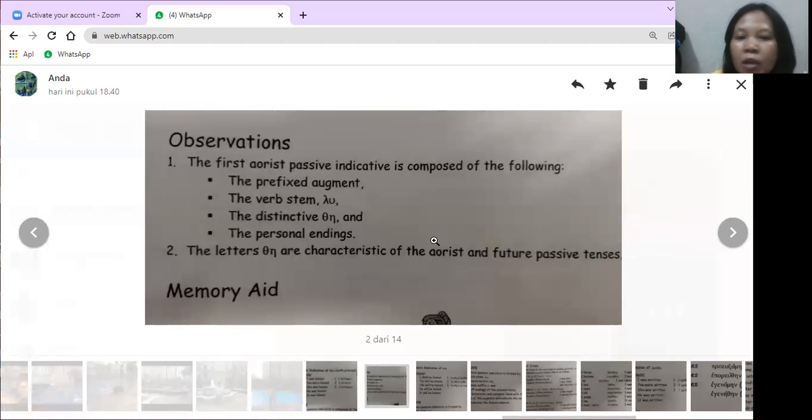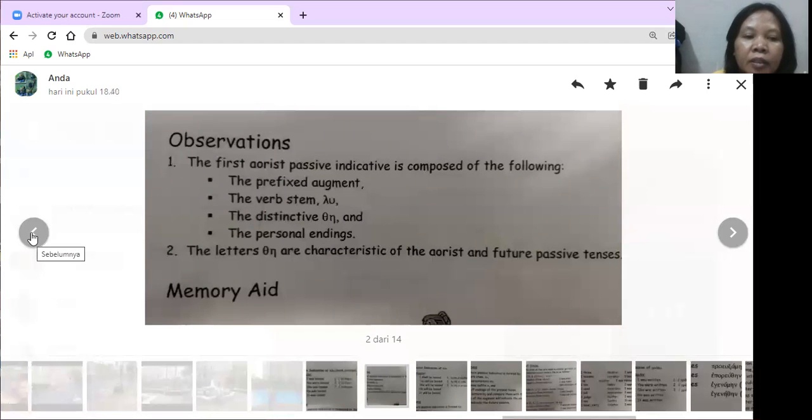The first aorist passive indicative is composed of the following: the prefix augment, the verb stem lu, the distinctive theta, and the personal ending.